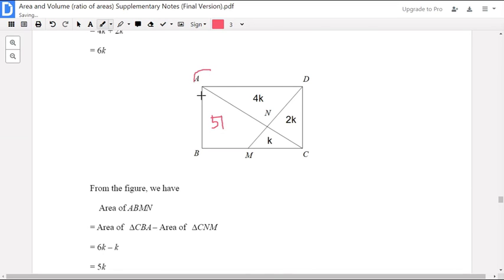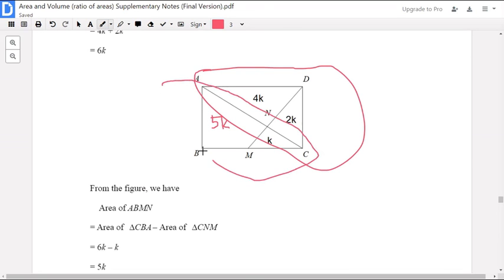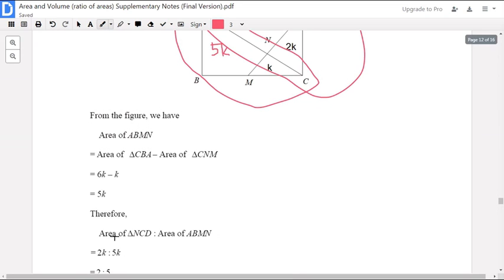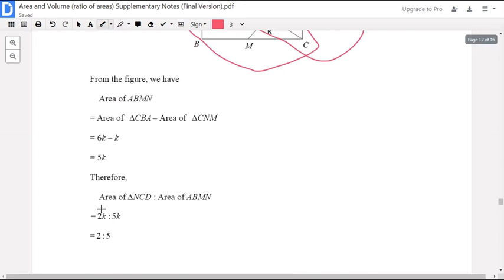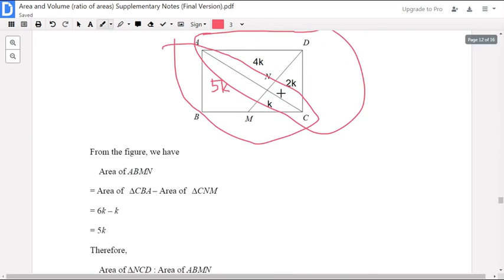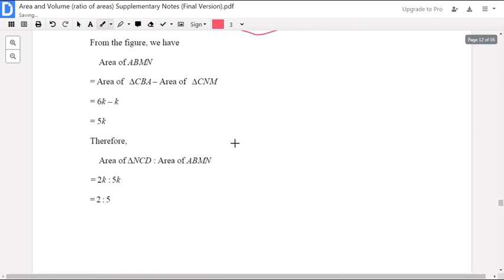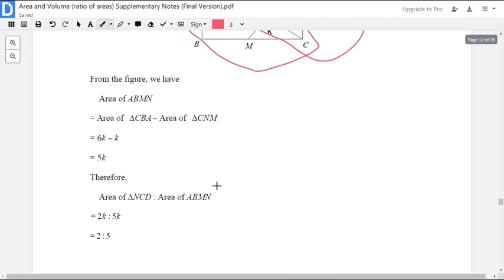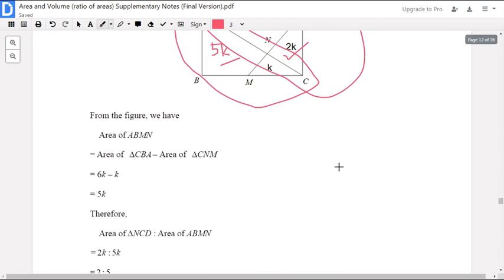Because this half, ACD, and this half, ACB, are the same, this part should be 6K. And therefore, finally, our answer for the whole problem, the ratio of this one and this one, will be 2K to 5K. When you cancel the unknown K, the ratio is 2 to 5. So that we have finished the problem.